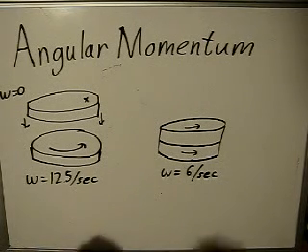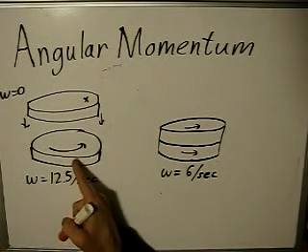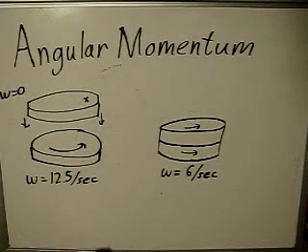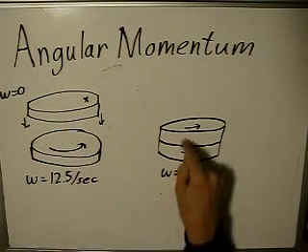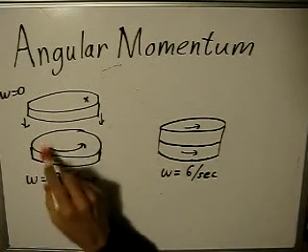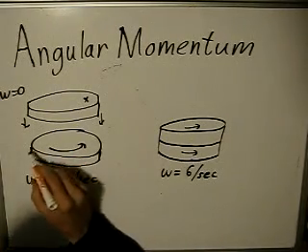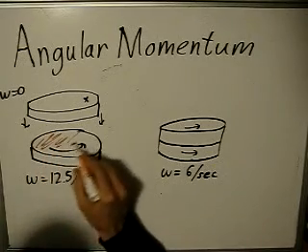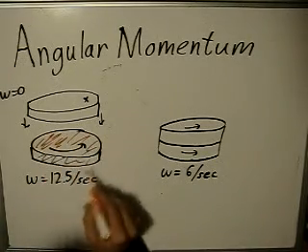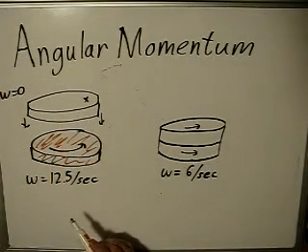Well, in physics we like to say that there is something in this plate which gets transferred to that plate. So this plate slows down and that plate speeds up. And after the two plates are spinning together, they're sharing equally some kind of rotational stuff which was in this plate. And that stuff we call angular momentum. You can think about angular momentum as some kind of stuff which actually is inside this plate, and there's none of that stuff in that plate.